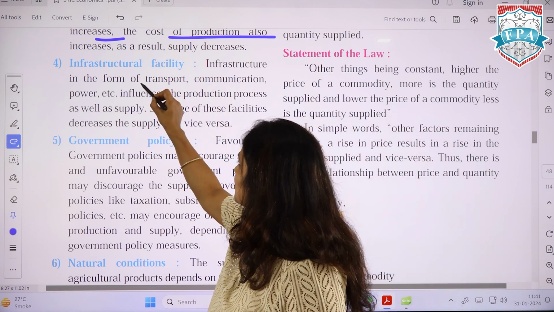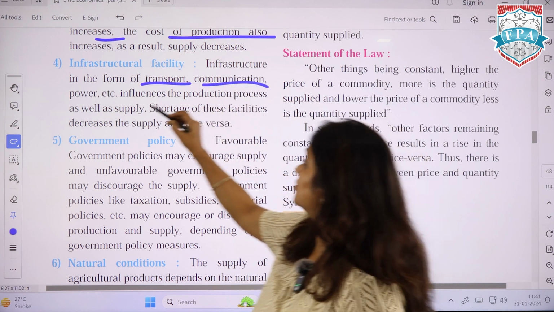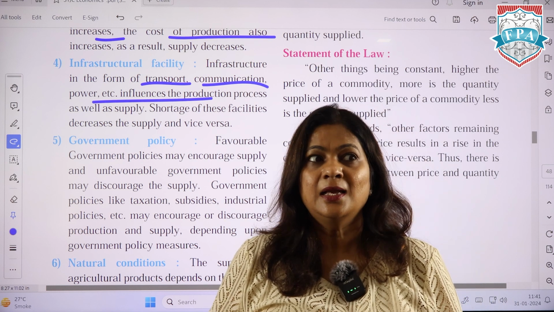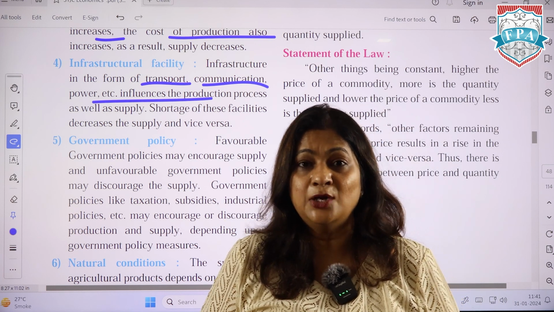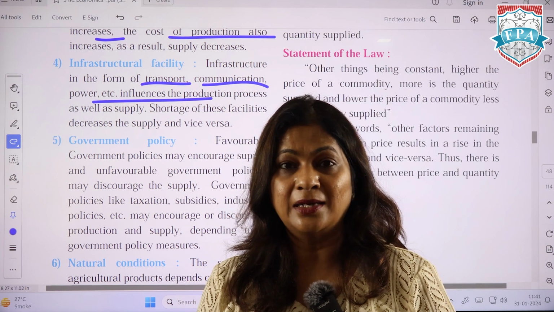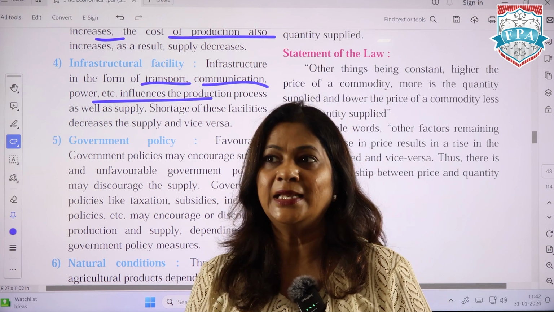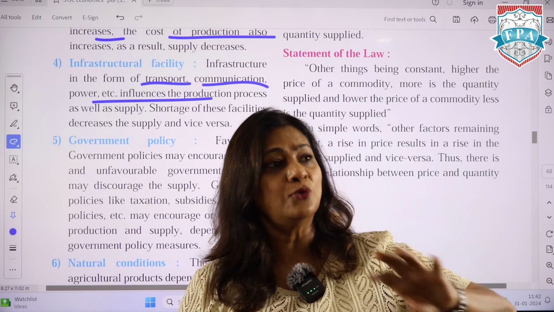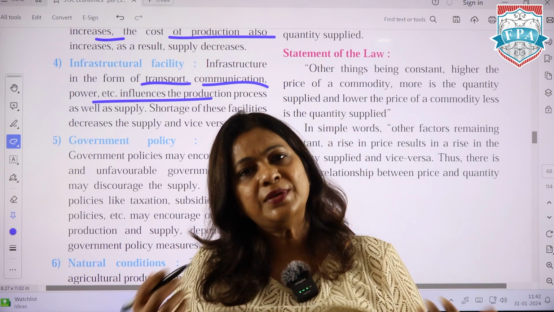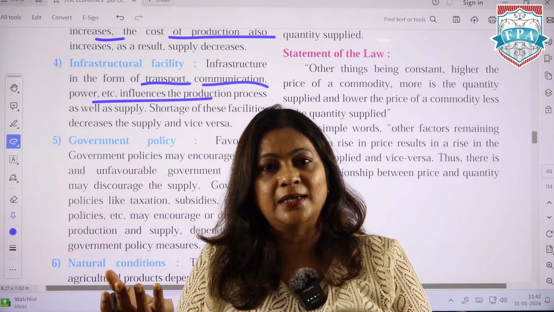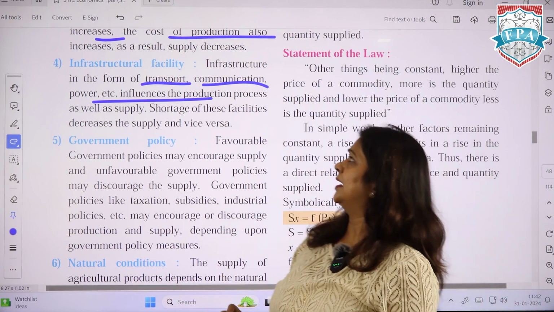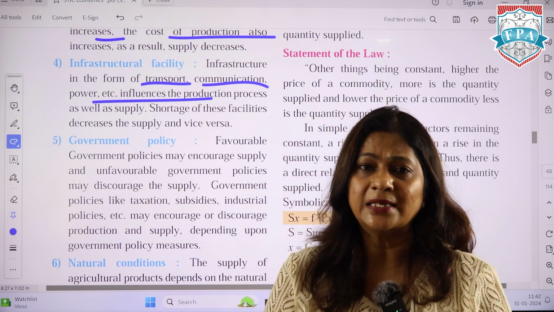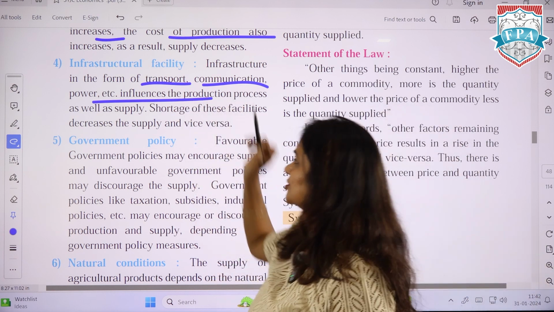Infrastructure facility in the form of transportation, communication, power, these are very important for the supplier to be ready to supply more of the product. He has an incentive to make more goods if he knows he has a warehousing facility, or that he can deliver the goods to various cities. Obviously he would prefer to make more goods. But if there is no transportation facility, no communication facility, no warehousing facility, what will the supplier do by making more goods? Are you understanding? Infrastructure facility.